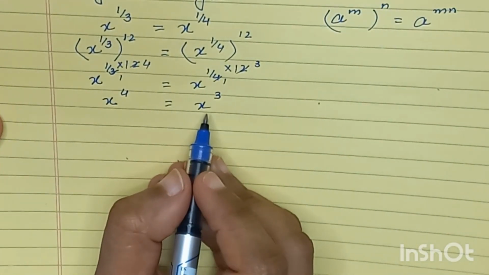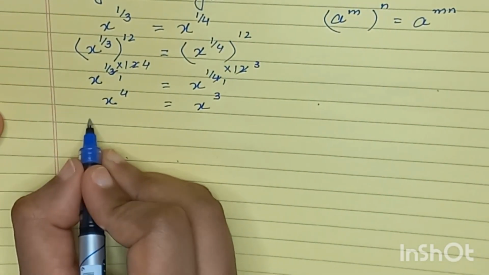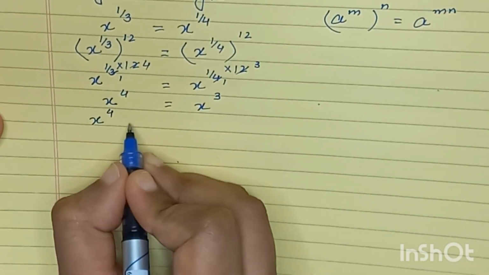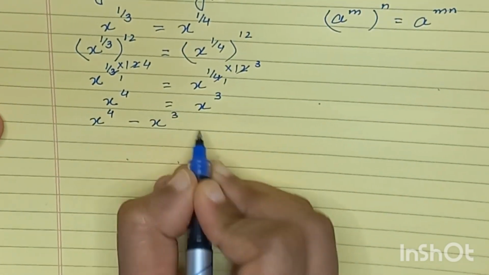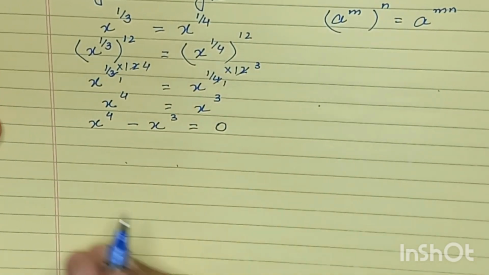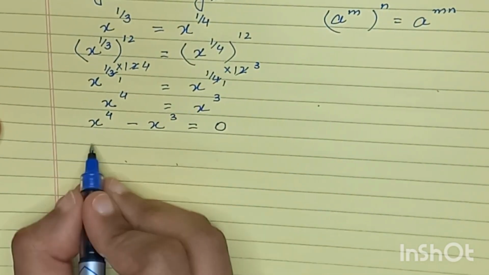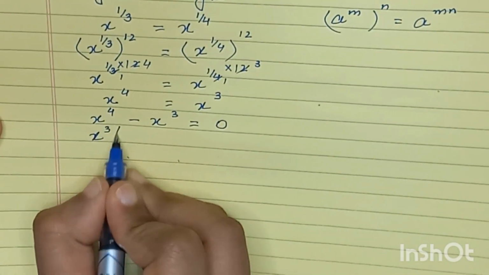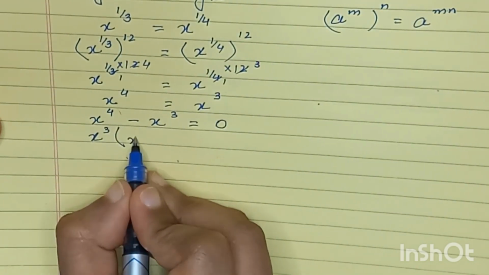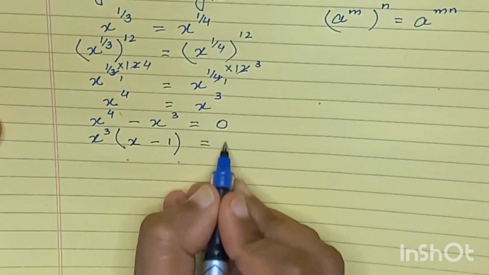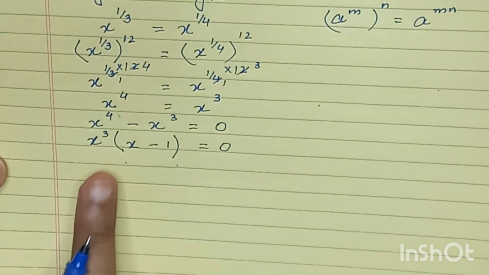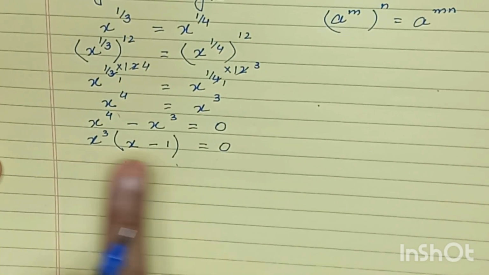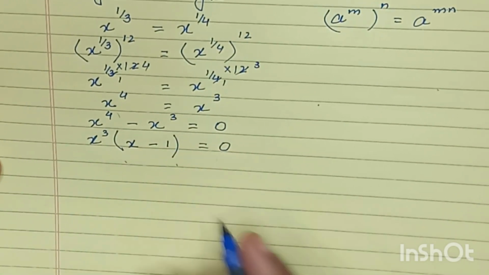Now we will take x raised to the power 3 to the left hand side, so it will become x raised to the power 4 minus x raised to the power 3 is equal to 0. And from here we have x raised to the power 3 common, and we are left with x minus 1 is equal to 0. Now we have two cases: x cube is equal to 0 and x minus 1 is equal to 0.